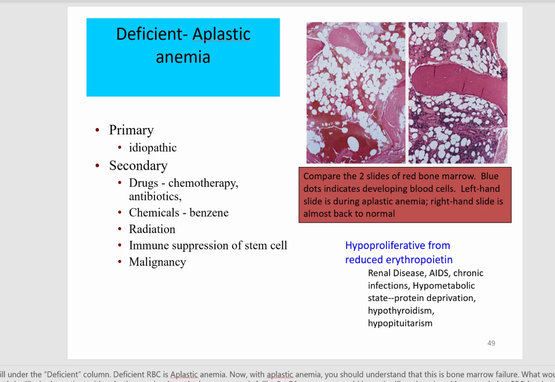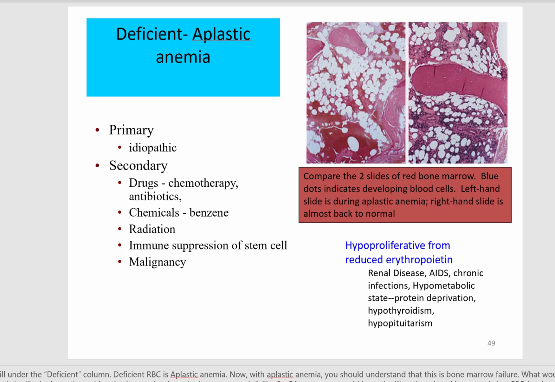Hypothyroidism, I'll remind you from your endocrine disorders, the thyroid hormone is permissive for all other hormones. How can a reduced anterior pituitary, hypopituitarism, be a causative agent for hypoproliferative aplastic anemia?